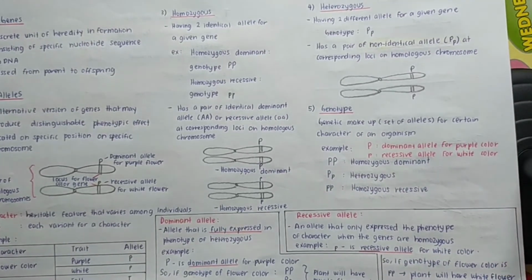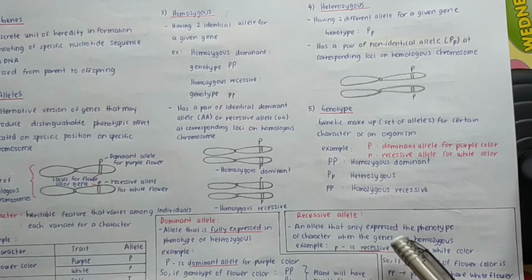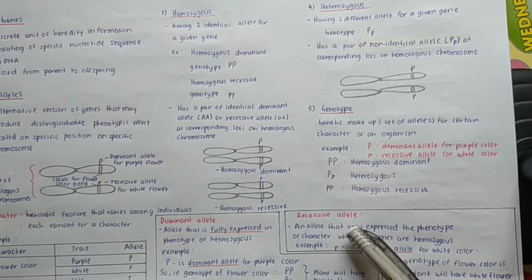Tapi kalau untuk recessive allele, recessive allele is an allele that only expresses the phenotype of a character when the genes are homozygous. Maksudnya sesuatu karakter, ataupun sesuatu trait akan menunjukkan recessive phenotype bila mana allele recessive tu mesti kena ada dua, ataupun kita panggil sebagai homozygous. Recessive allele will be represented by small p.